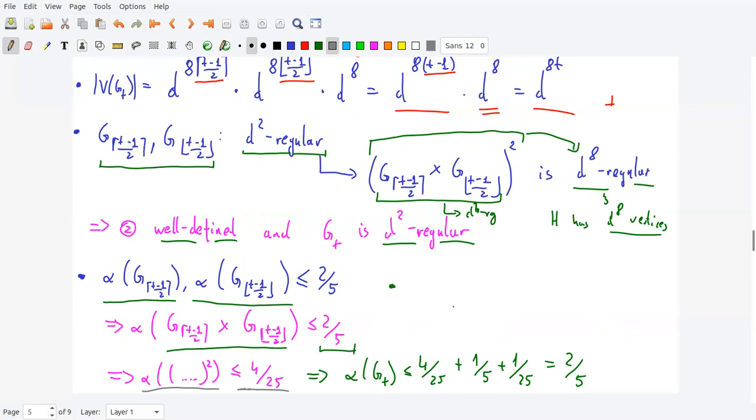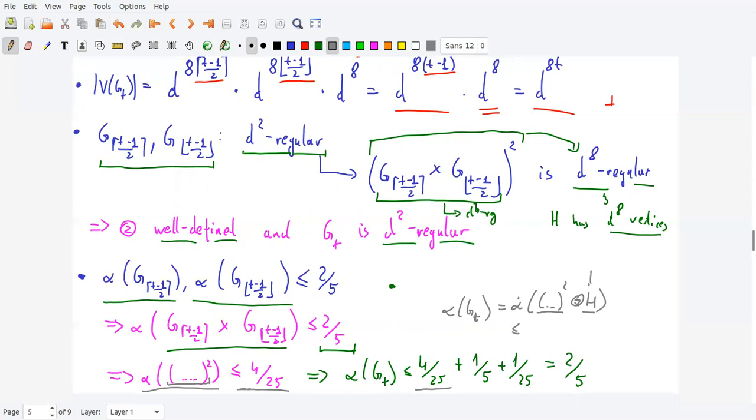And then recall that GT is the zigzag product of this graph with H, and its alpha is bounded by alpha of this plus alpha of this plus alpha of this squared, which is 4/25 that we have here.